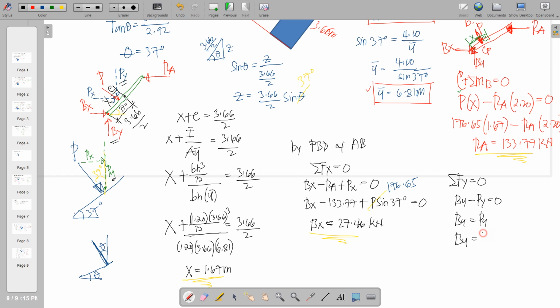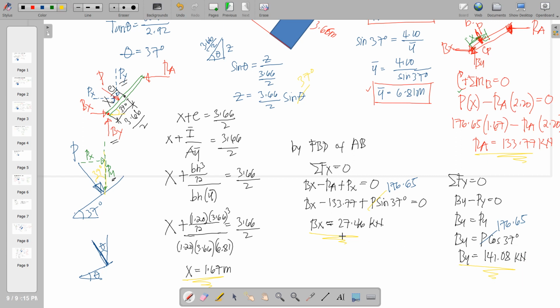So this is adjacent to your angle. We use cosine 37 degrees. And knowing P to be equal to 176.65, we have By to be equal to 141.08 kilonewtons.